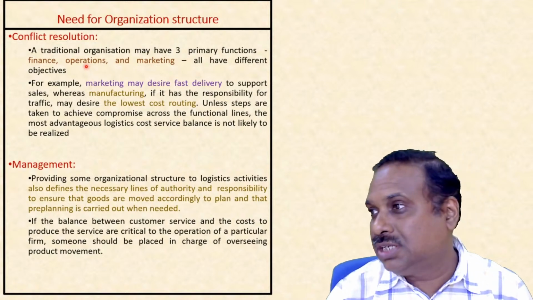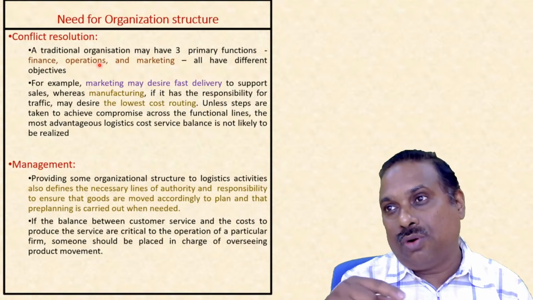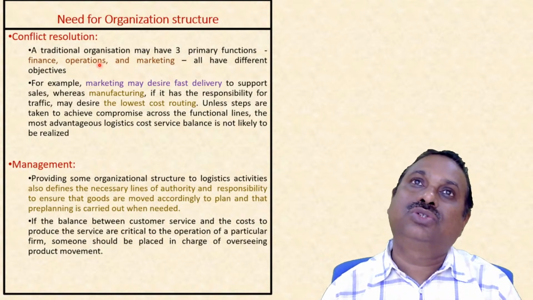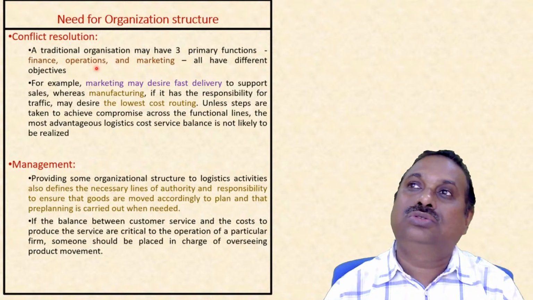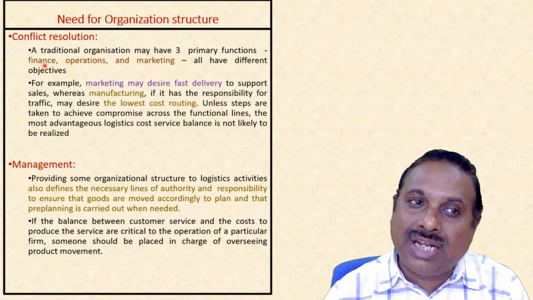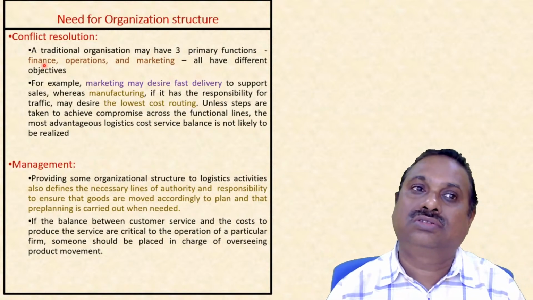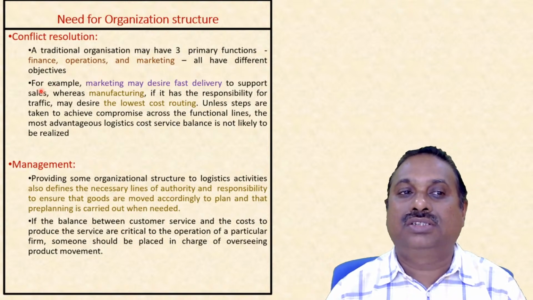But in the operations department, the distribution department, they try to minimize their distribution cost. So they will try to utilize the truckload, which has a conflict here. And the finance department will always want cost reduction. Right? So they all have different objectives, conflicts.